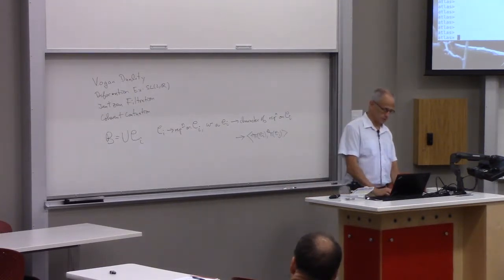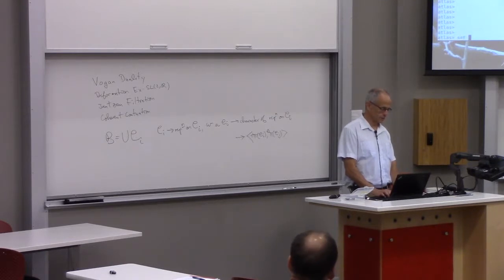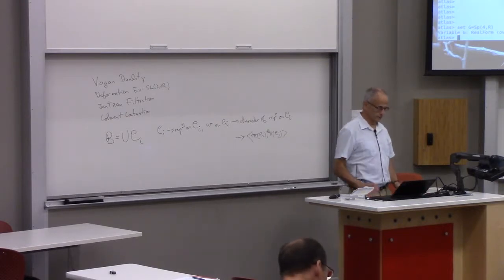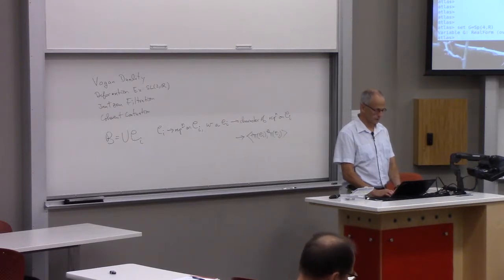So let me illustrate it with an example. Let's set G equal to Sp(4,R). And again, I'm going out on a limb here. I just wrote this morning, so if it crashes or gives me fake information, I'm not going to be too disturbed.